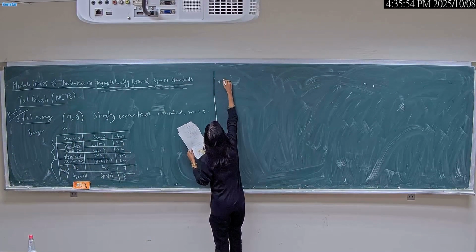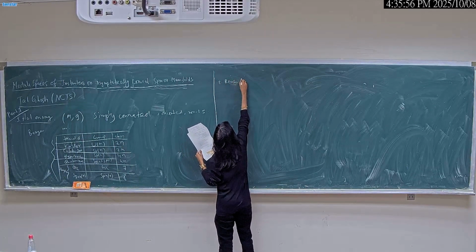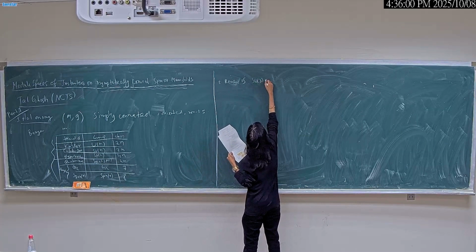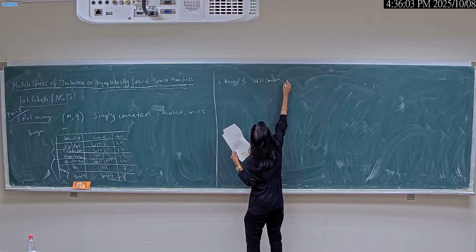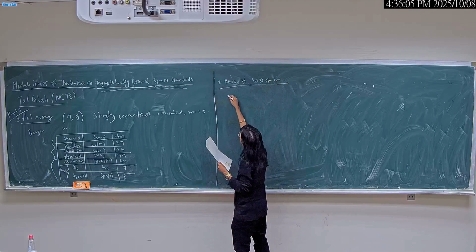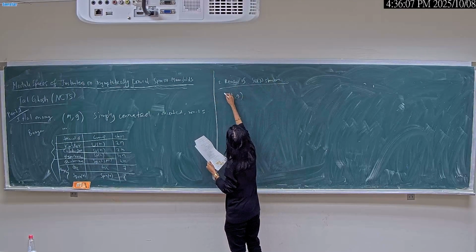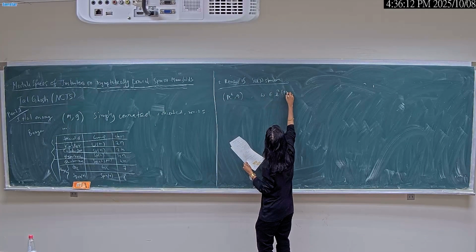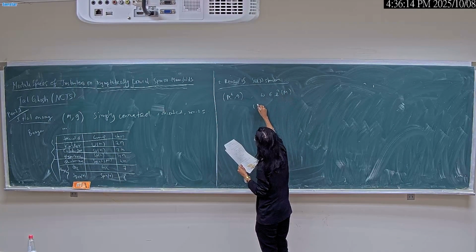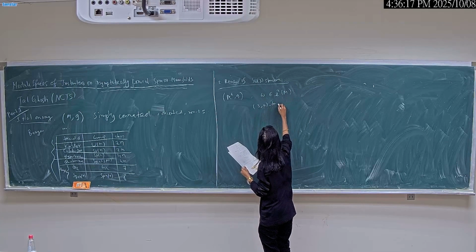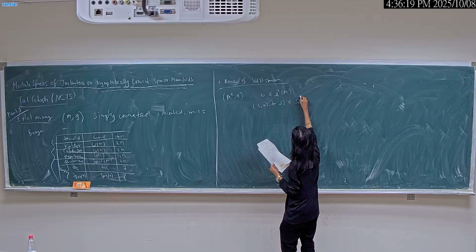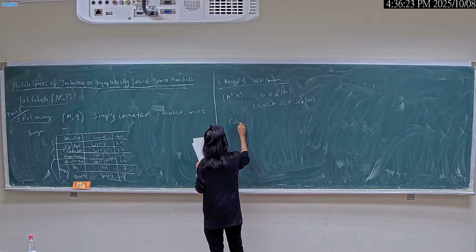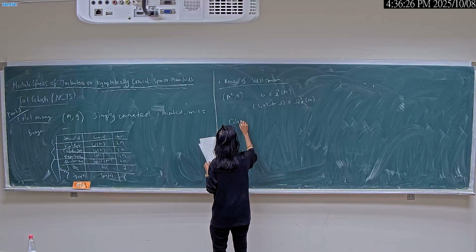I start with a 6-dimensional Riemannian manifold. I have a fundamental 2-form, small omega, and a holomorphic 3-form, capital Omega.